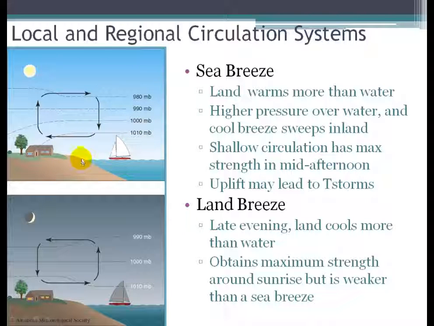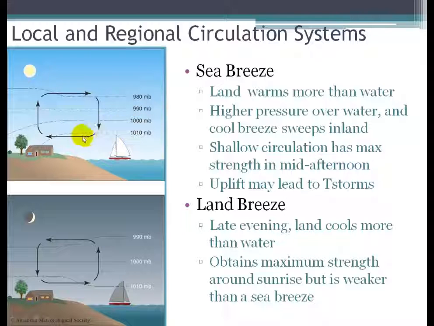So the winds want to blow from high pressure to low pressure, and we call a wind by the direction it's coming from. So a sea breeze blows from the sea onto land. We get this kind of situation during the day.